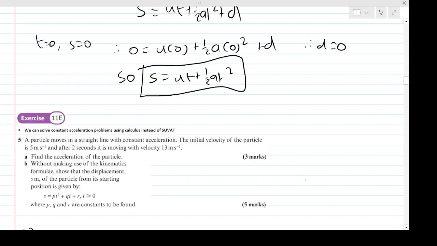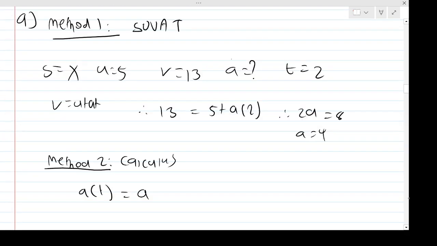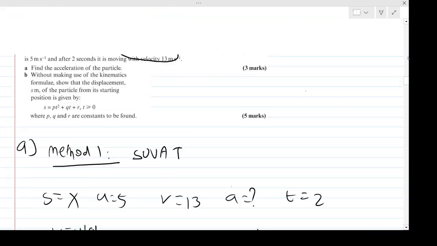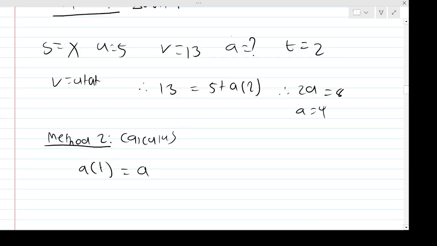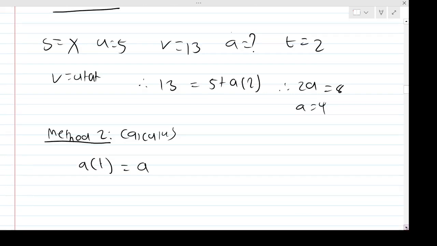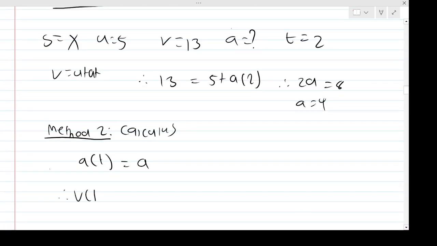Again, because we're told the acceleration is constant, the acceleration function is just going to equal the letter a. There's no t involved. So then, if we're given information about the velocities, if I integrate to get the velocity function v of t, if I integrate a dt, well, that's just a letter, so I attach a t onto it. So it's going to be at plus c.